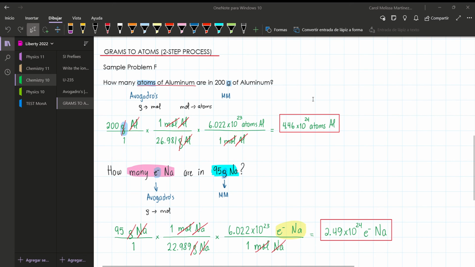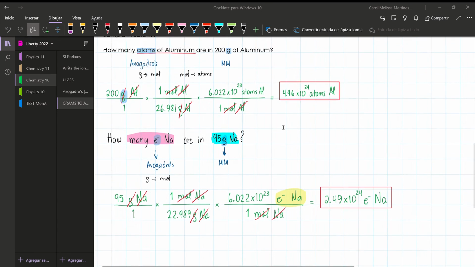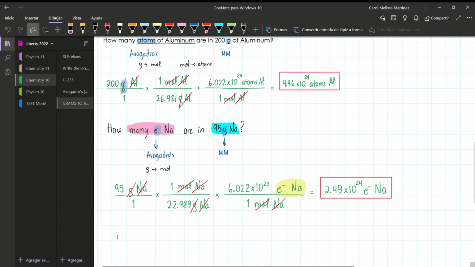So I'm going to give you one for you to practice at this moment. On page 16 from your booklet, try to do the first one. And once you have the answer, you write it to me in the chat.